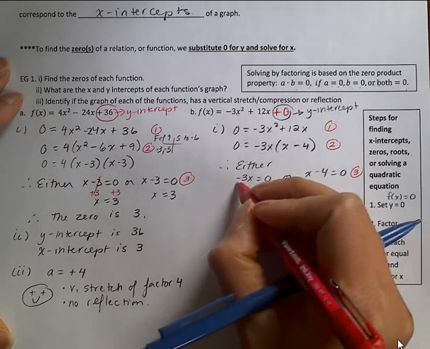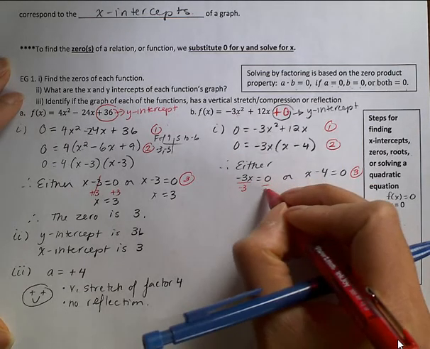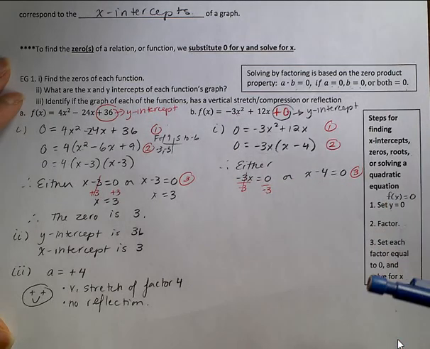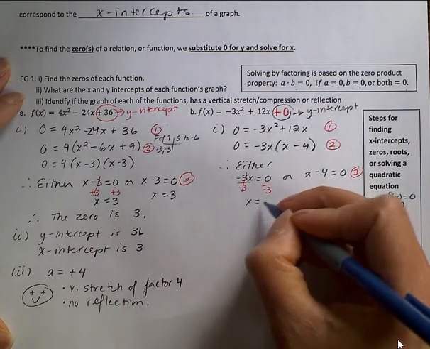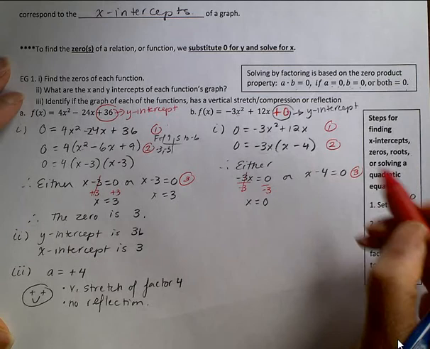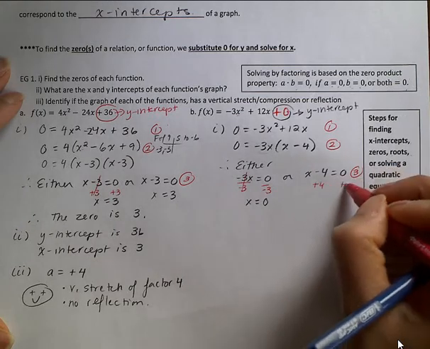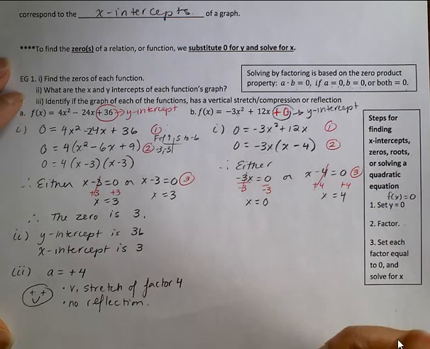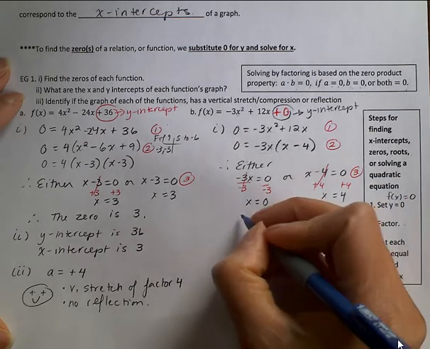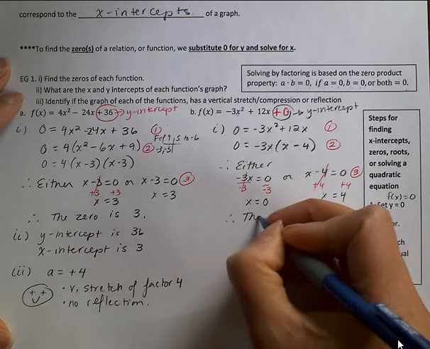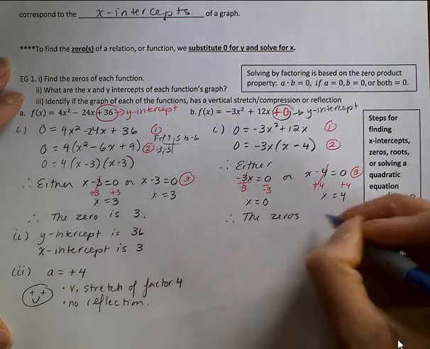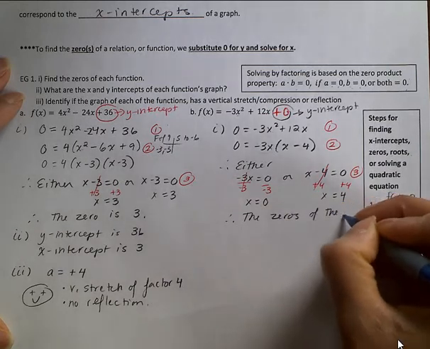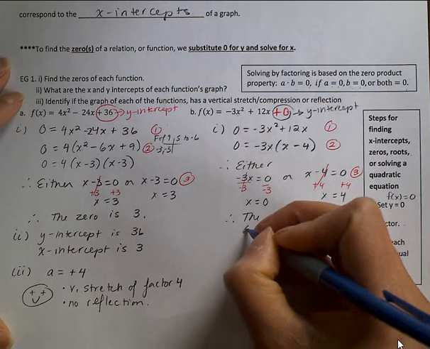So here I want to divide both sides by 3 to isolate the x. And 0 divided by negative 3 is 0. And over here I'm going to add 4 to both sides to isolate x, and I get x equals 4. So we know, therefore, the zeros of the function are 0 and 4.